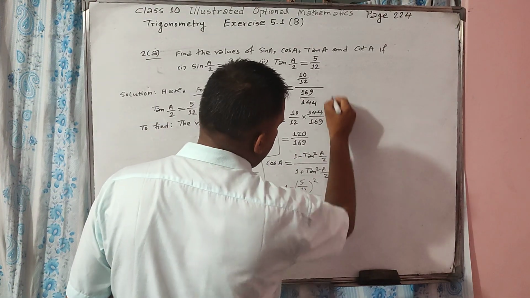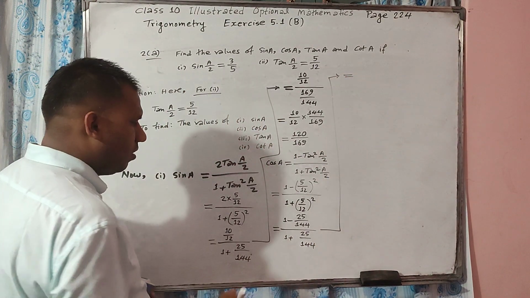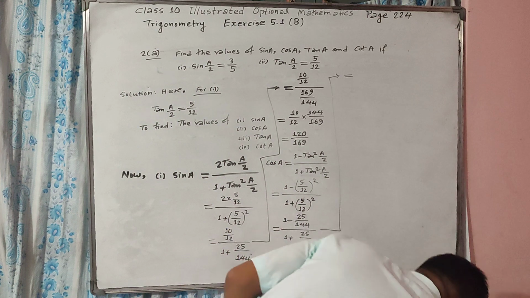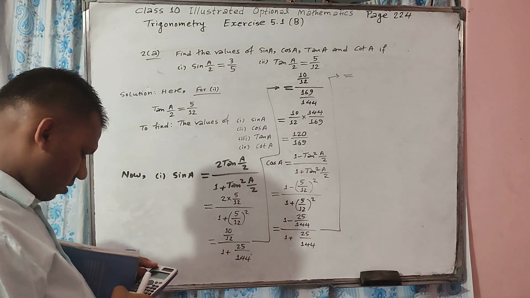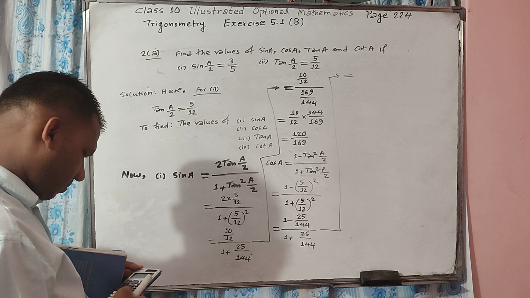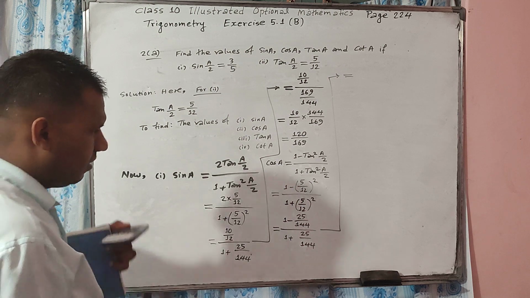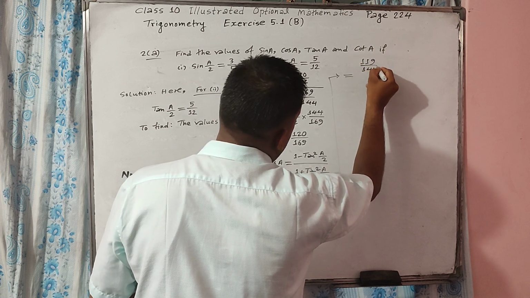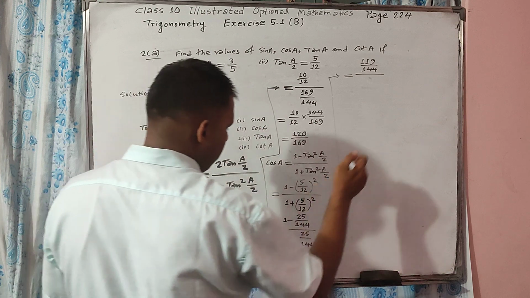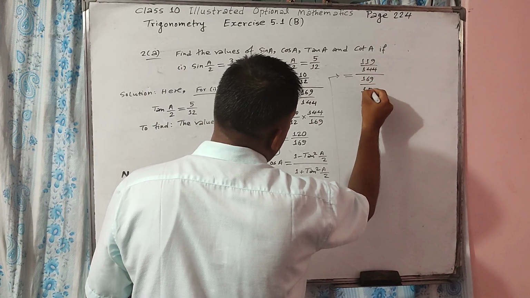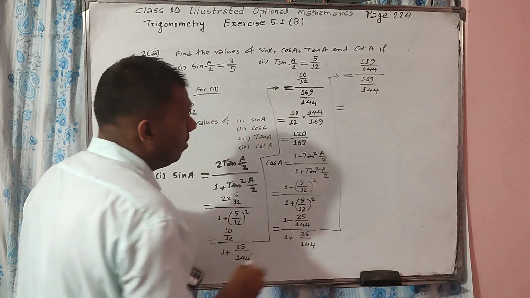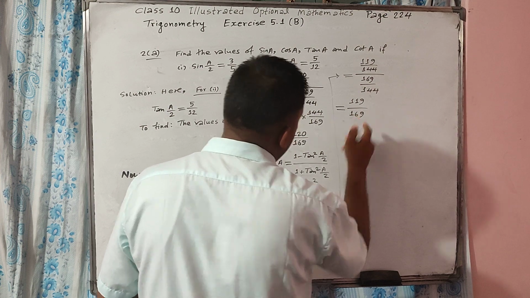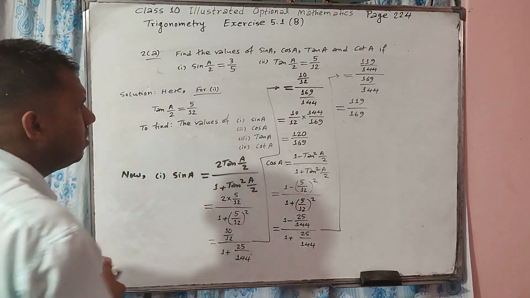This equals 144 minus 25, we can use calculator, 144 minus 25, 119. 119 by 144 all upon 169 by 144 is equal to 119 by 169. This is the value of cos A.